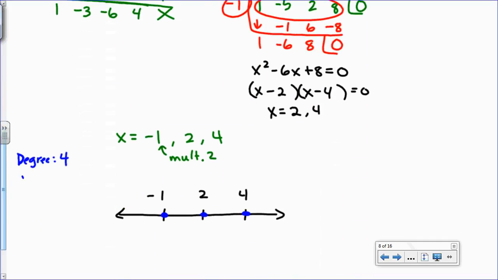Up, up. Okay? At my zeros, -1 has a multiplicity of 2. So do I go through or bounce? Okay, what about 2? Through, and 4? Through. Okay, so up, up. And I bounce here, I go through here, and through here.